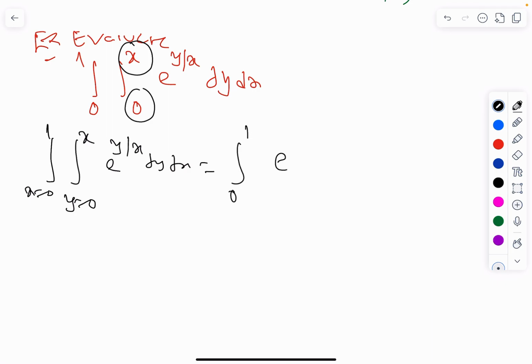The integration of e power y by x with respect to y is e power y by x divided by the derivative of y by x with respect to y, which is 1 by x, with limits y equal to 0 to x.